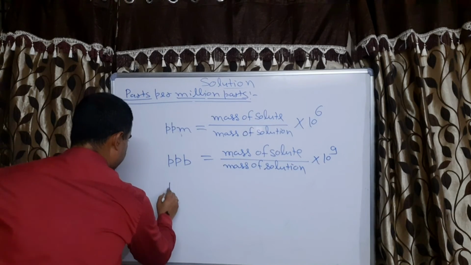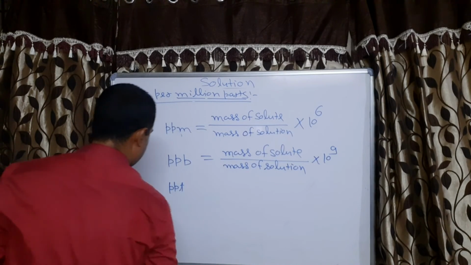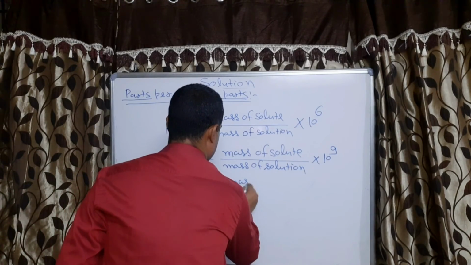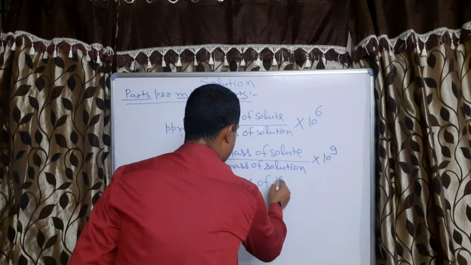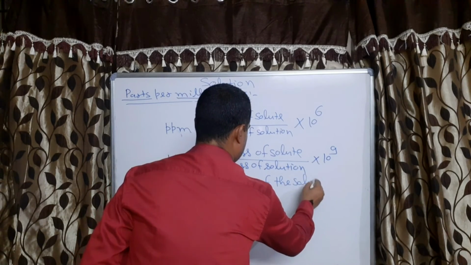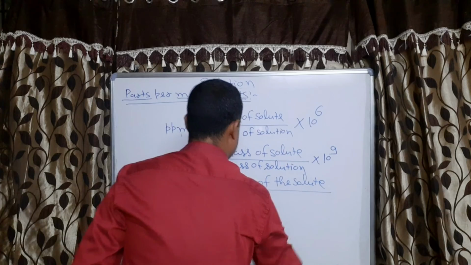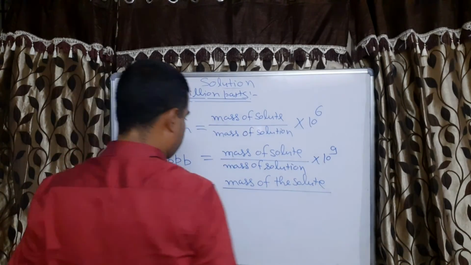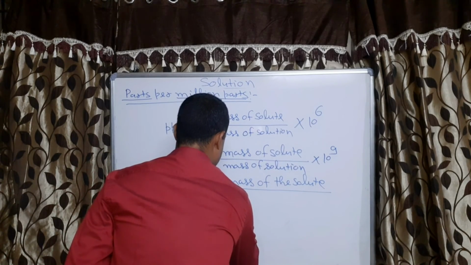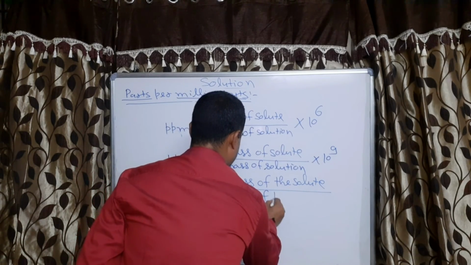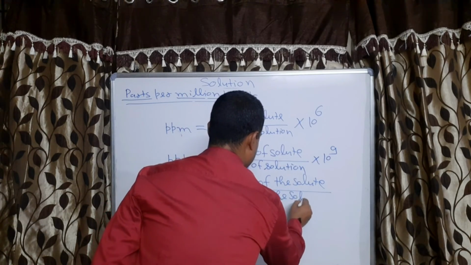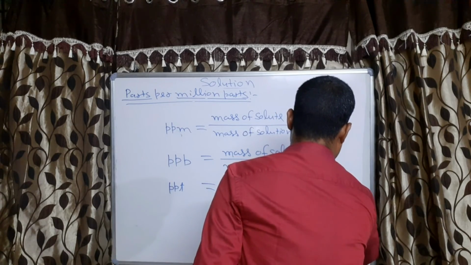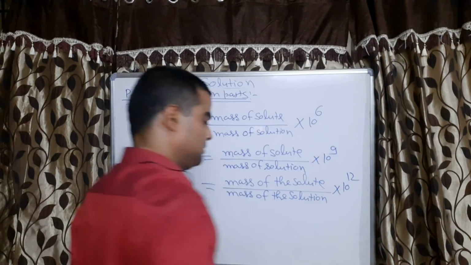In the same case, ppt, parts per trillion, will be the mass of the solute dissolved in trillion parts by mass of the solution. So the mass of the solution should be trillion parts, means 10 to the power 12.